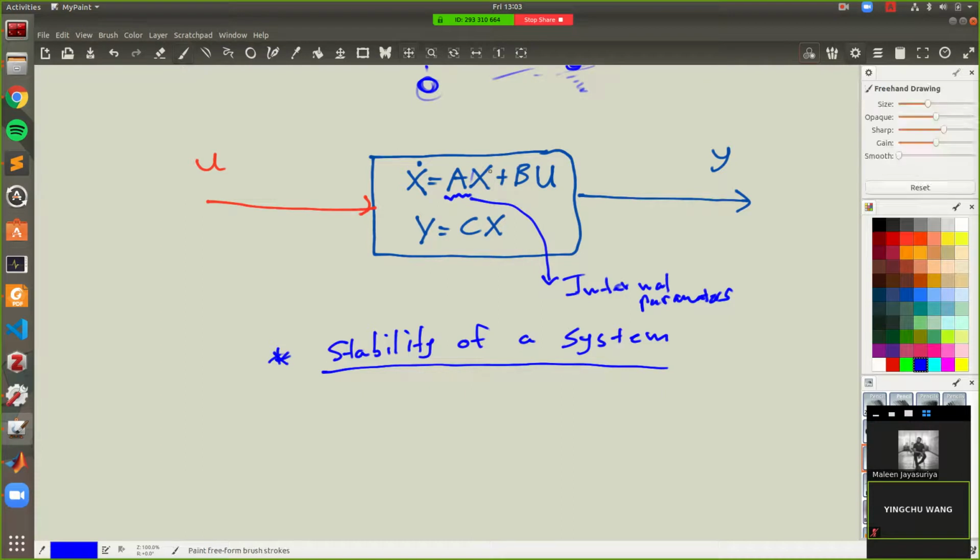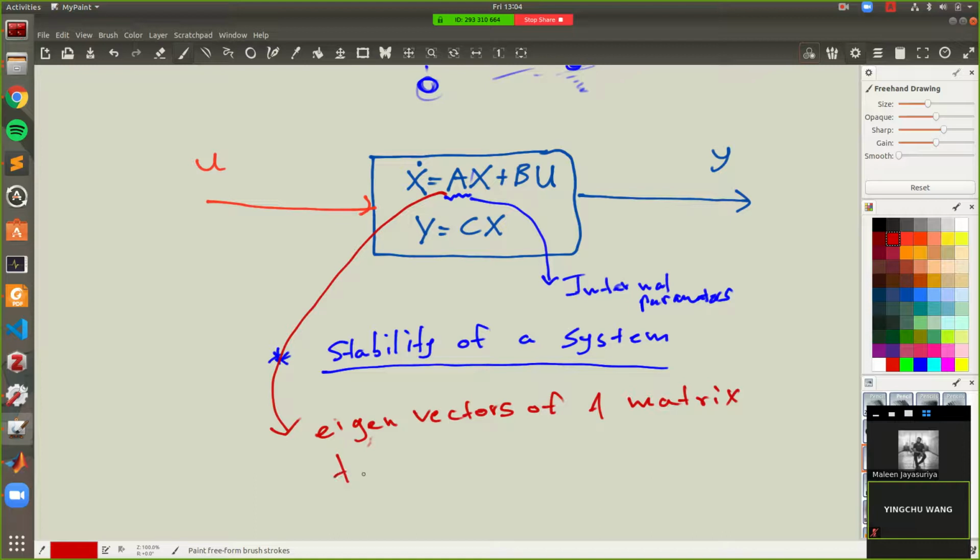So I won't go into super detail about how the relationship between this and what I'm going to explain that much, but it has something to do with differential equations and solutions to differential equations. But if you take the eigenvectors of this A matrix, it tells you how the system will perform.